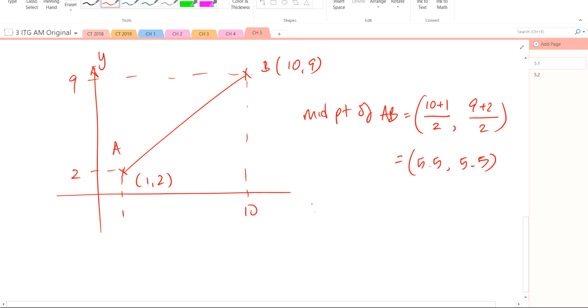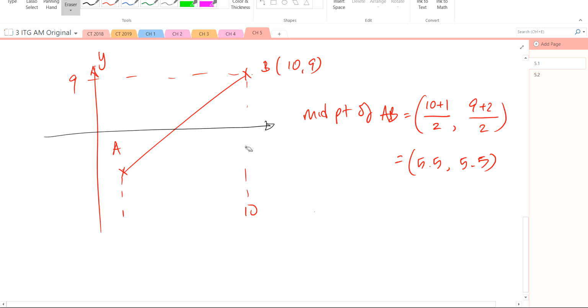Another example, now I will change my graph. Okay, what's the midpoint of AB right now?